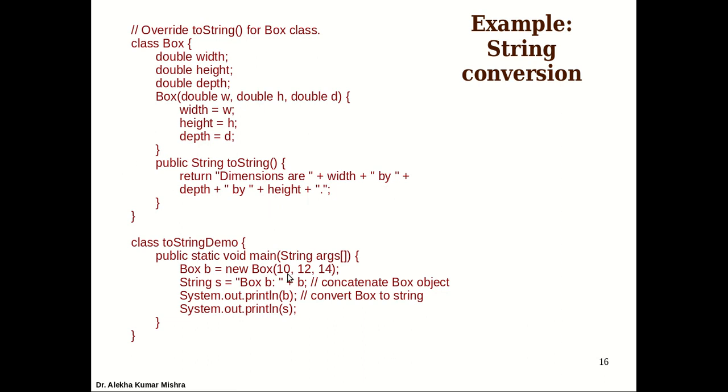So what happens here? We create a Box object b, instantiated using the parameterized constructor, then String s = "Box b" + b. We are concatenating the Box object here. In this case, Box b will be converted into string type, because it is concatenated with a string.